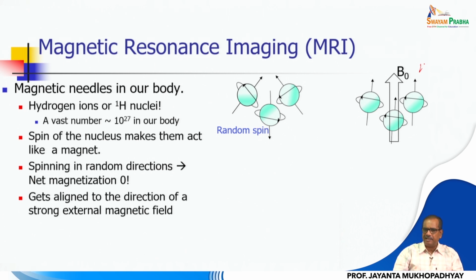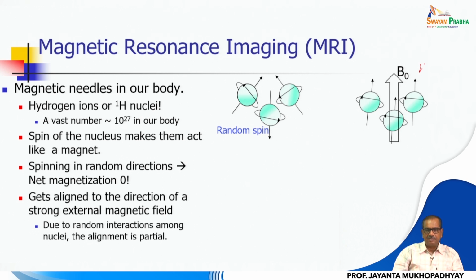Now this may not be exactly along the external magnetic field, but will make some angle, and it would be rotating around that. It's like a toy top which we rotate using a thread, and we can see that the top rotates along the vertical axis and slowly comes towards getting aligned to that vertical axis.